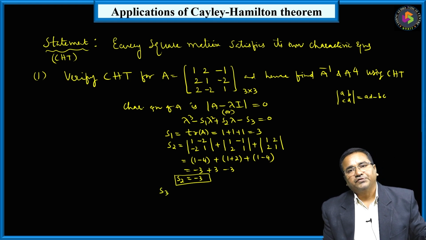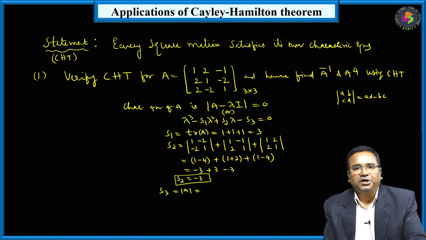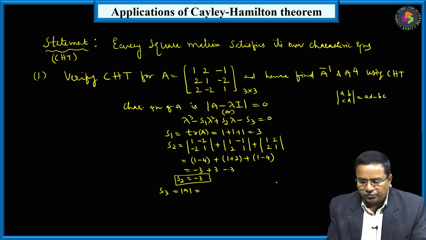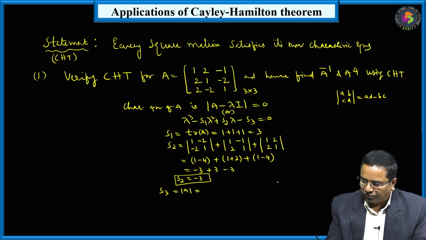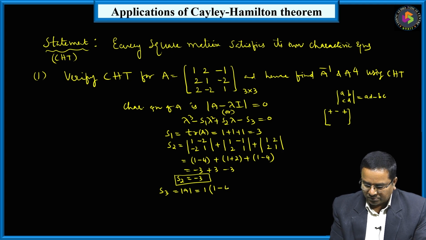Next, S3. S3 is the determinant of the matrix. We are familiar with computing the determinant of a matrix as the sum of the products of the elements of any row or column with the corresponding cofactors. Usually we take it with respect to the first row, and then we have to keep in mind the signs of the elements: plus, minus, plus. So the 1, the minor of this one is 1 minus 4.